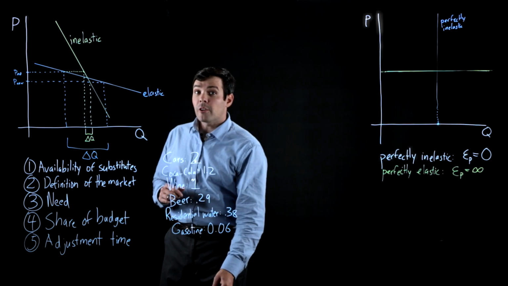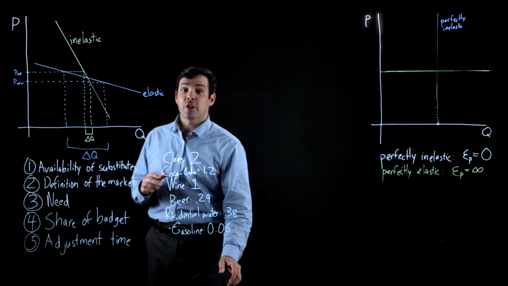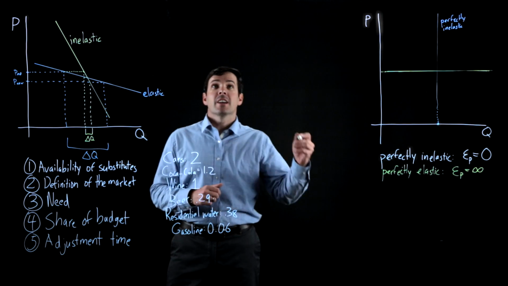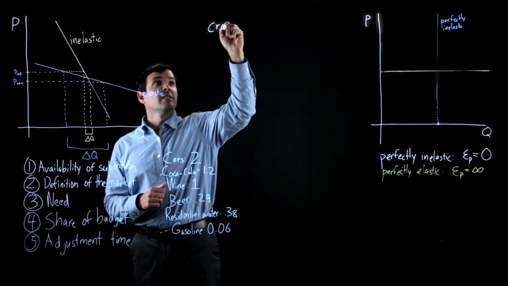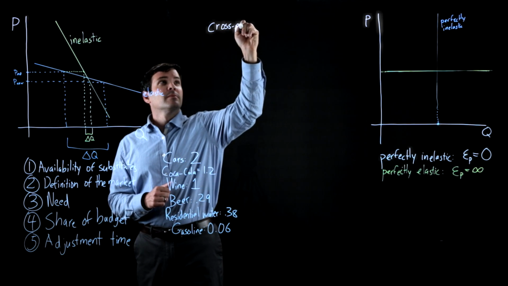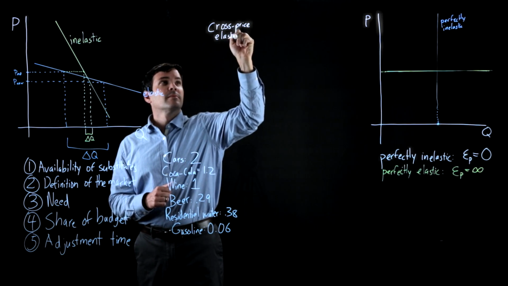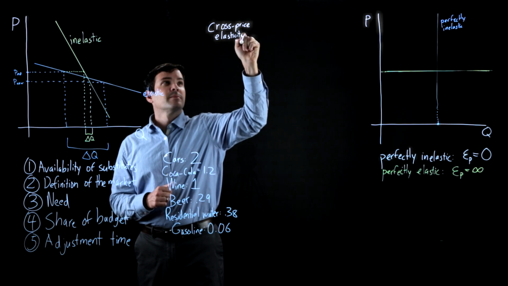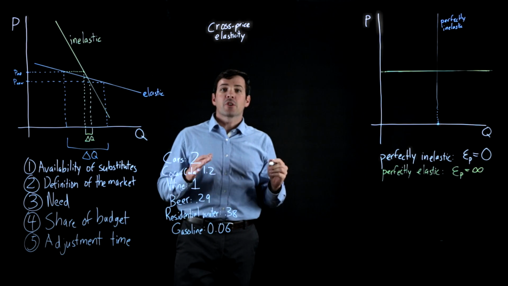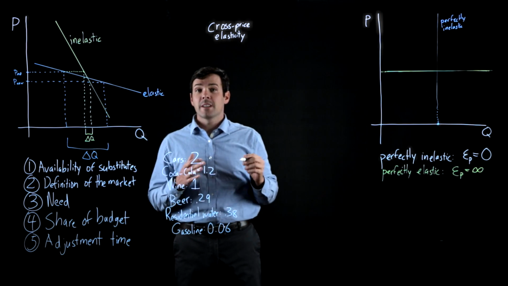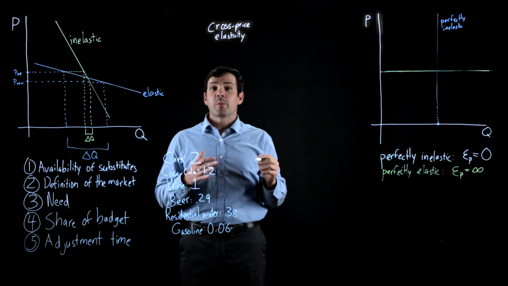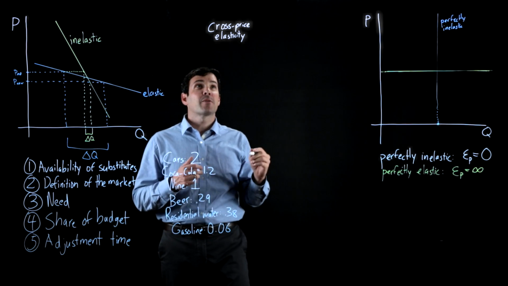Now there's 2 other elasticity concepts that I'm going to mention briefly. The first is the cross-price elasticity. This is the percent change in the quantity demanded for one good for a percent change in the price of a different good.